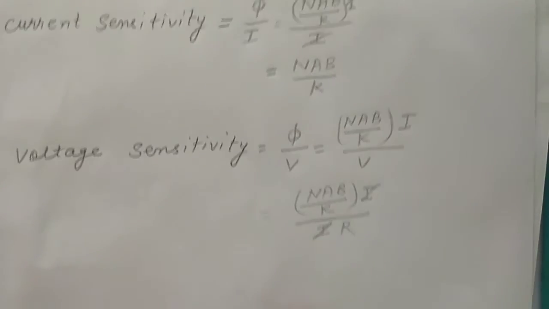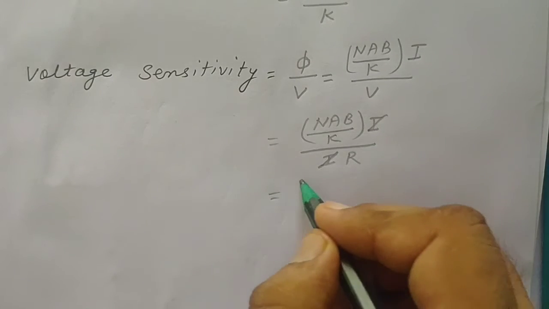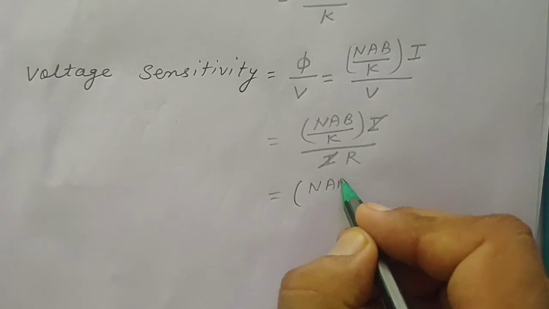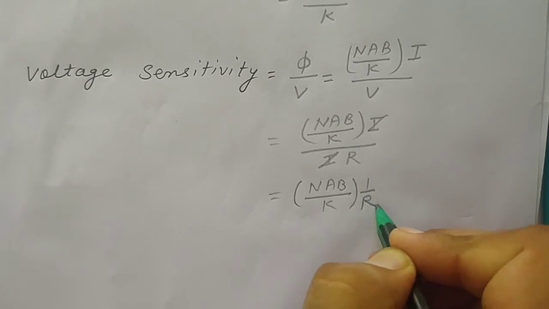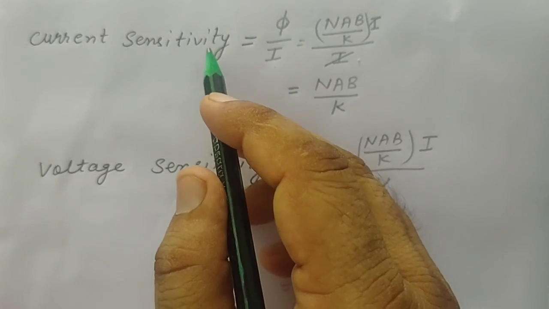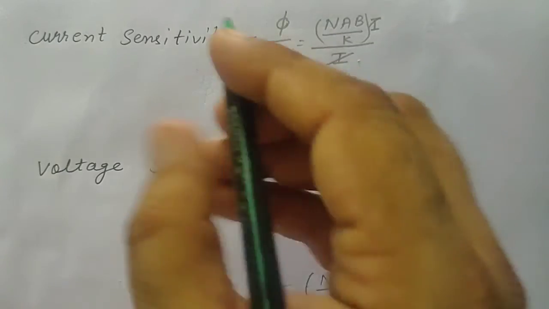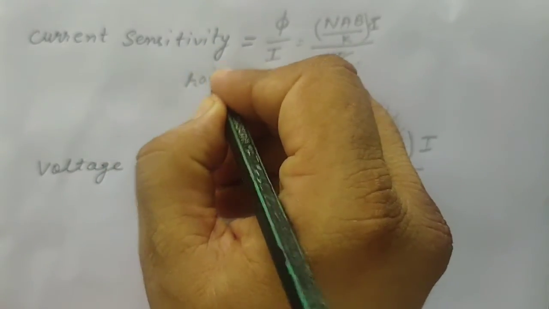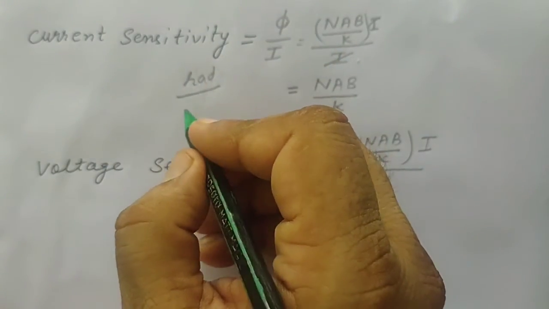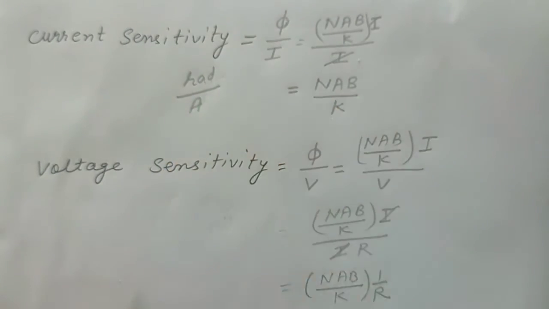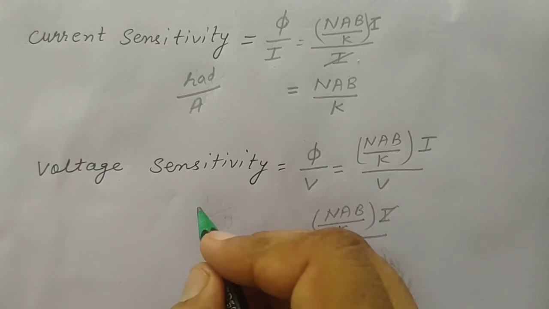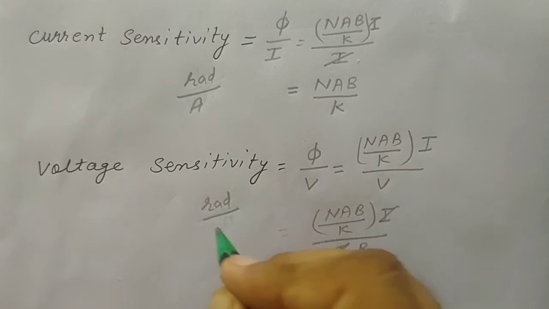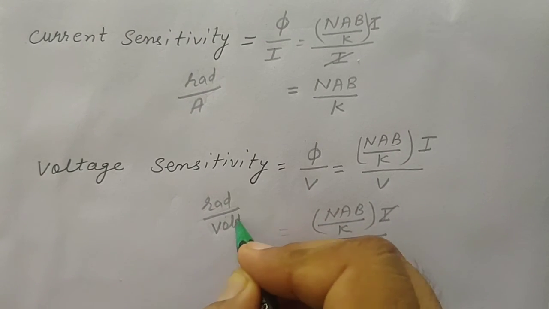Current cancels, so we have NAB over K times 1 by R. The unit of current sensitivity, where phi is in radian and current is in ampere, is radian per ampere, and the unit of voltage sensitivity is radian per volt.